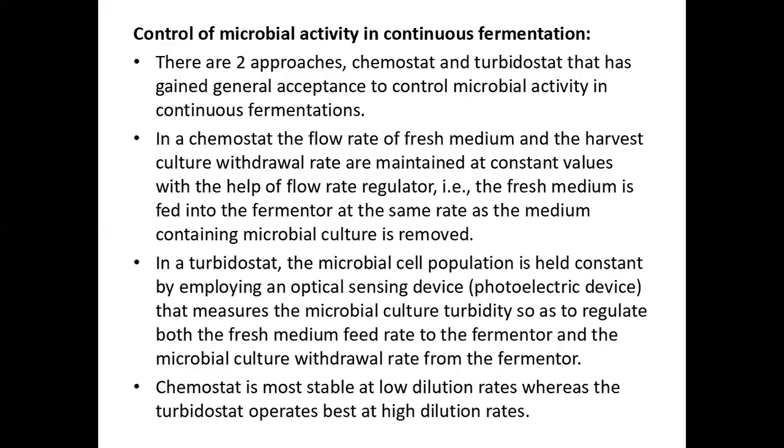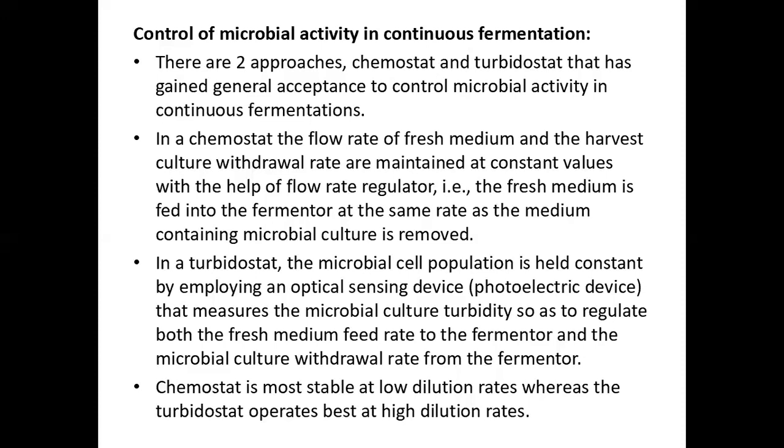By using a photoelectric device. At lab level we use a colorimeter. So at the fermentation level, we will be using some photoelectric device which can sense the turbidity in the fermenter, and which can help us in maintaining the turbidity at a constant level.